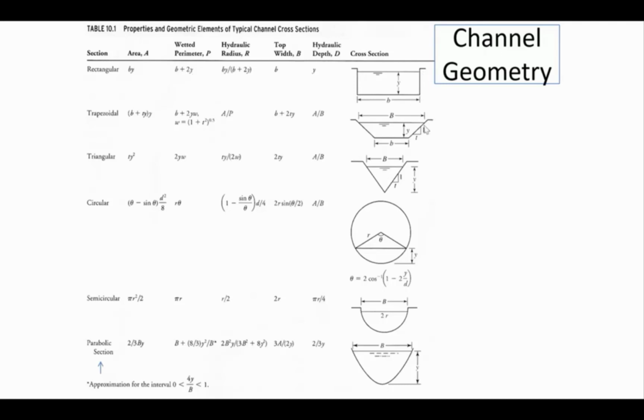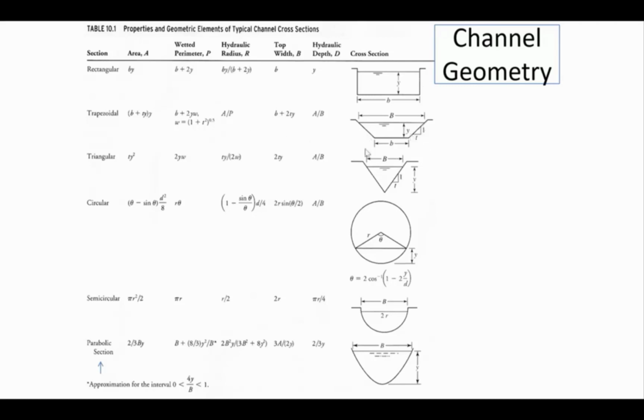And so now look at the formula for the trapezoidal channel. For the wetted perimeter, they're saying it's the bottom width, of course, and then the length of these side slopes. The side slopes are inclined at a 1 to t angle, and I know you've seen that before. We did a little bit of just introductory trapezoidal channel geometry, and I showed you that we define these side slopes as one unit of vertical rise and t units of horizontal distance.